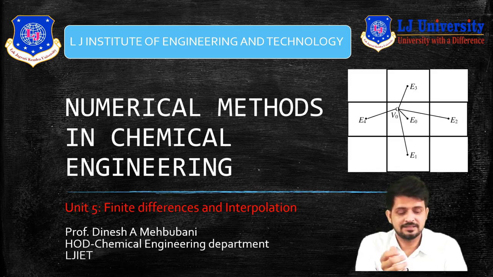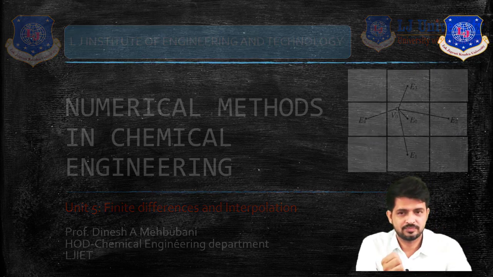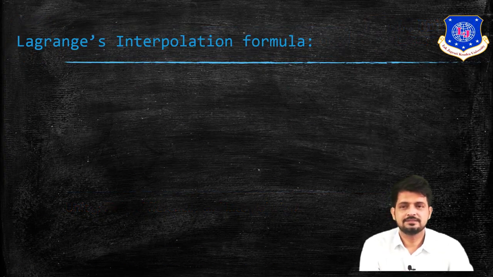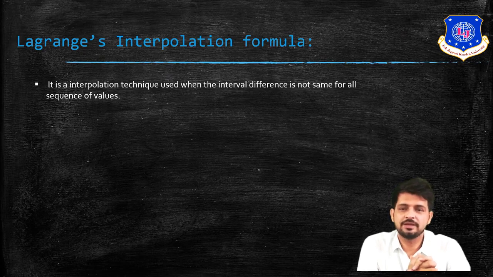In Lagrange's interpolation method, there is no need to draw any type of table. You have to just remember the formula and place the values in that. In this also, a y is equal to f of x function will be given.